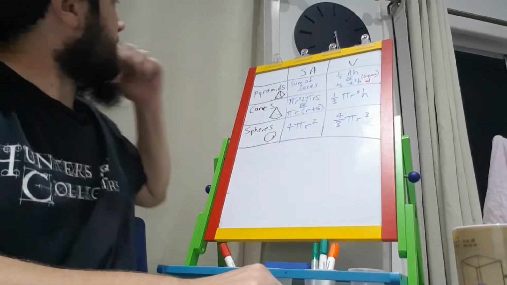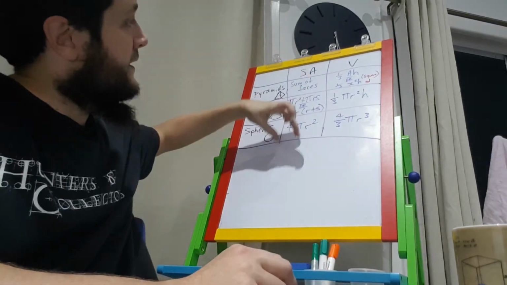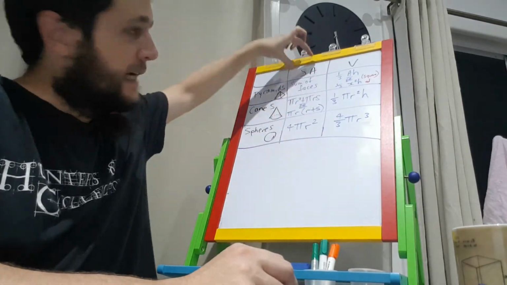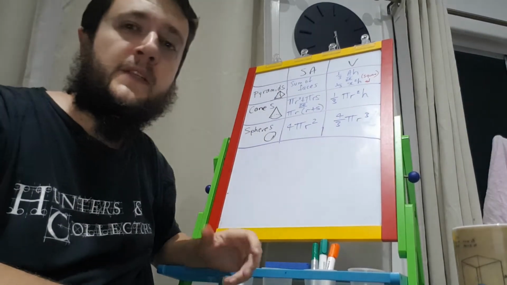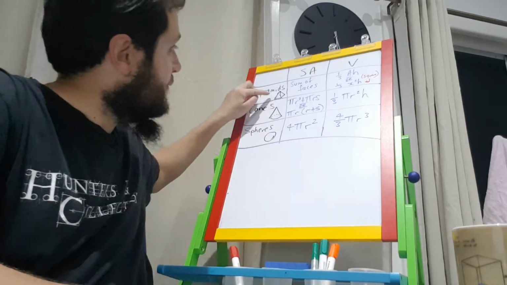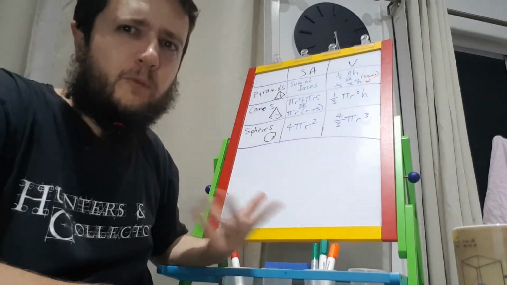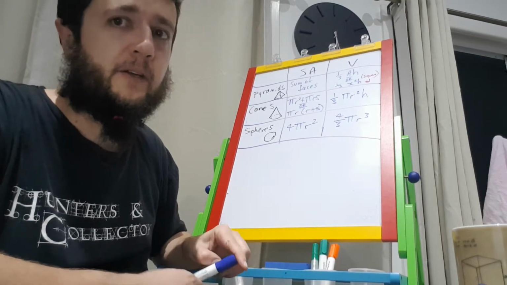So to start with pyramids, we've already done surface area. We did surface area last week. So we did surface area of pyramids, where generally we added the area of each face on a pyramid together. We did make some formulas for it if there was a square base, and you can look back on that.